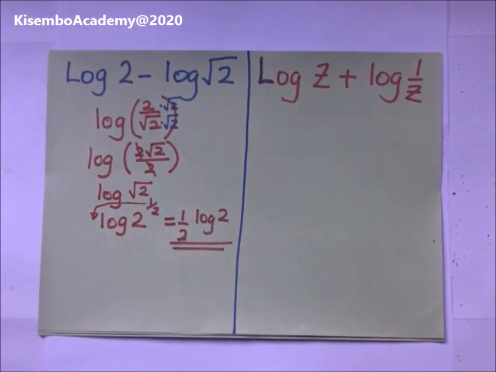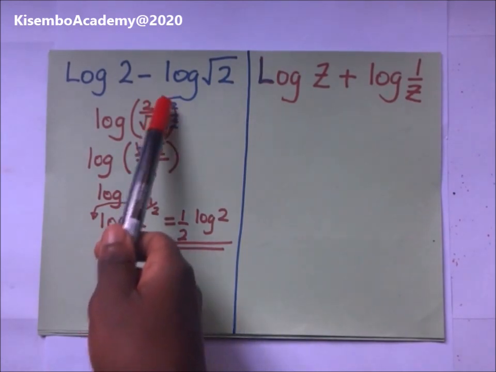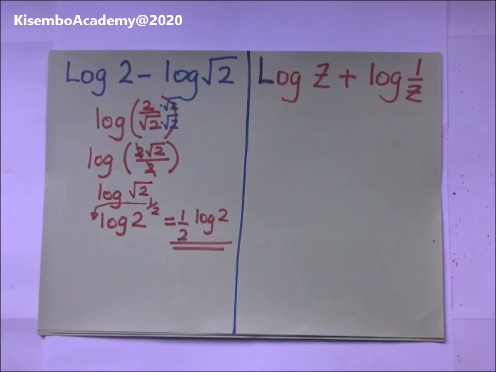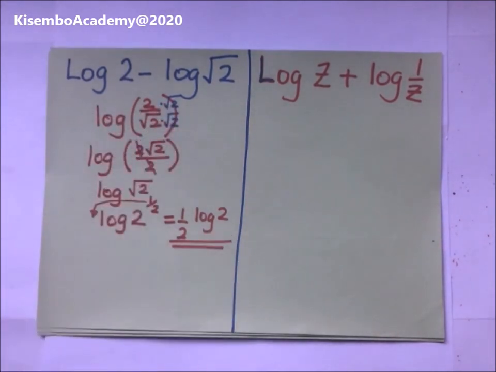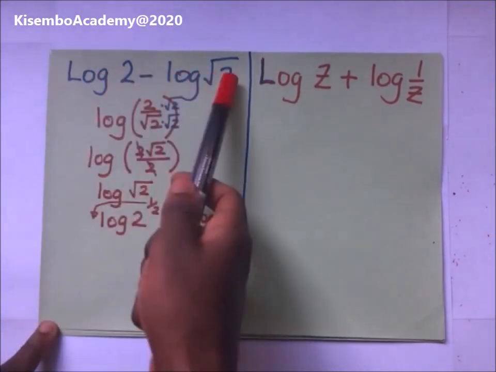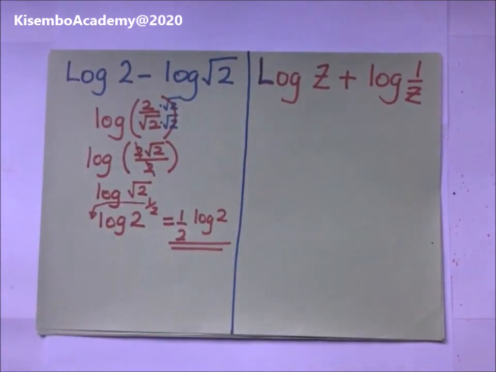Now we're able to solve that number. That is when you have the knowledge of rationalizing of surds. Rationalizing of surds is another topic under surds that we have done here at the Kisembo Academy. But we can do this without having to apply rationalizing of surds. We can still look at this and simplify it in this other way.